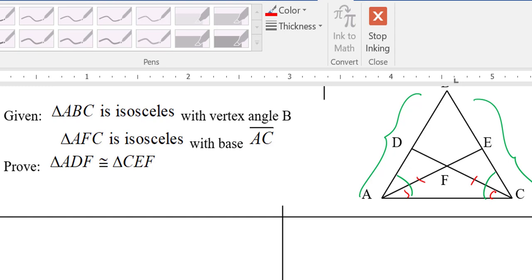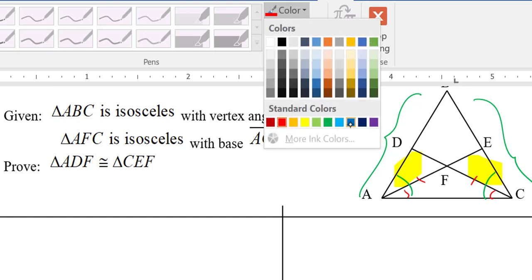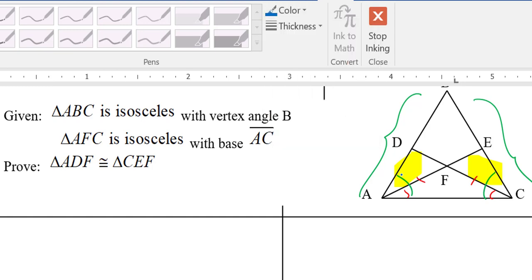I'm trying to prove that this is congruent to this. It looks like I have some useful pieces already. If I take just this big green angle and subtract the red one, I get that this angle is congruent to this one by subtraction. And I know that this is congruent to this because they're vertical angles, so I can get those triangles congruent. Let's go ahead and write this out.